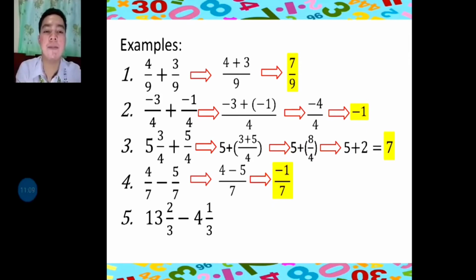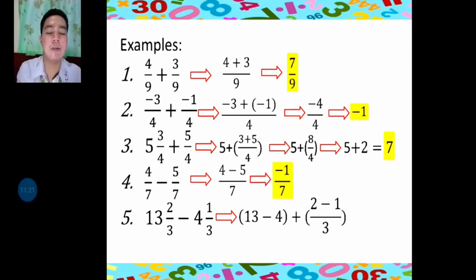Number 5, 13 and 2/3 minus 4 and 1/3. It is quite complicated because we have two mixed numbers. What you are going to do is first subtract our whole numbers, 13 minus 4. Then we will add that to the fraction.